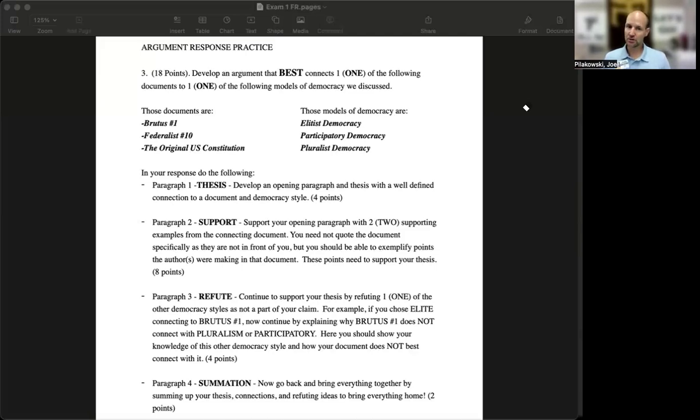The gist of what you're doing is that you're choosing Brutus 1 or the Federalist 10 or the original Constitution without the amendments. And then you're going to argue how that is elitist, participatory, or pluralist. So let's say, for example, you choose the original Constitution. You could argue that it is elitist.